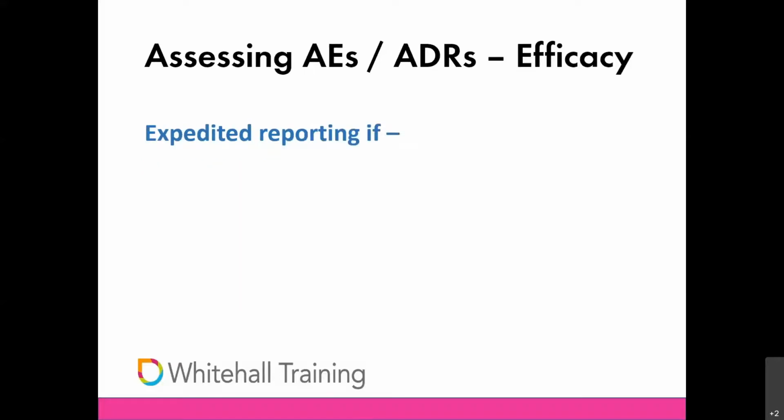So now we're talking about expedited reporting. Now, lack of efficacy is not normally a criterion enough in itself to trigger expedited reporting, and I'll talk about what expedited reporting and aggregated reporting is in a moment. However, there are exceptions.